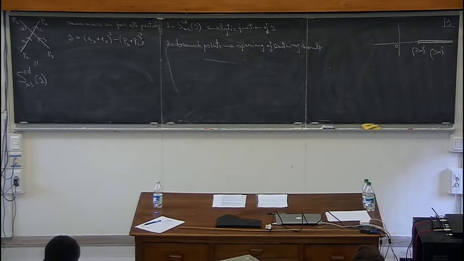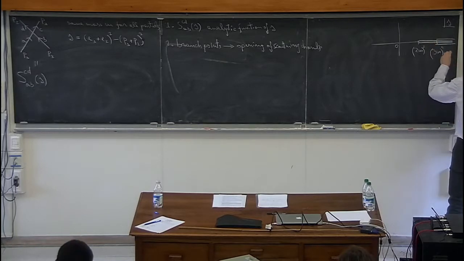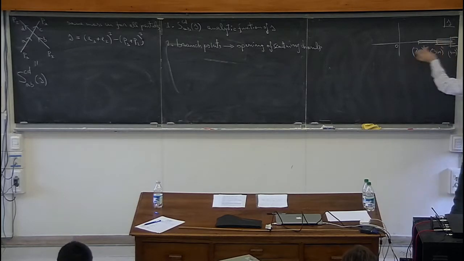So S is the square of the center of mass energy. So you will have here a new cut, and so on and so forth. When you reach the threshold for production of 4 particles, you will have a new cut, and so on. So in the end, this becomes an infinite sequence of branch points and branch cuts.